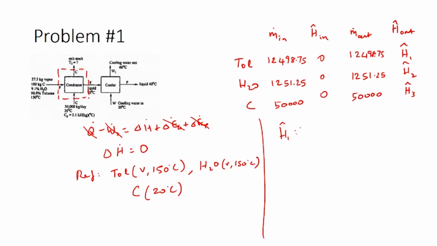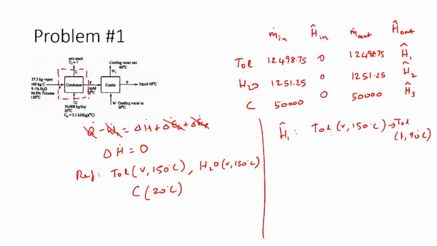So, H1 cap is nothing but toluene vapor at 150 degrees Celsius, which is the reference state, forming the exit condition which is toluene liquid at 90 degrees Celsius. So, the process is toluene which is from vapor at 150 degrees Celsius goes to toluene which is a liquid at 90 degrees Celsius.